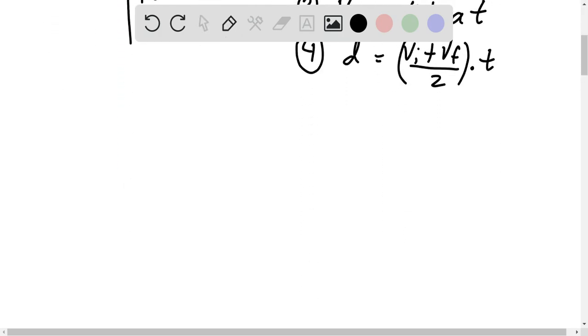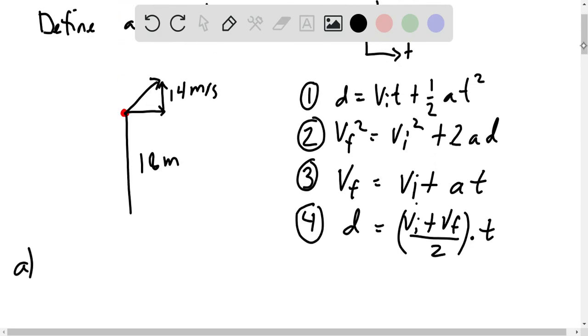Sorry about that. Okay. So we should determine the object's initial velocity. And so we want to determine which kinematic equation we wish to use. In this case, we know the final velocity, and final can mean at any point in the trajectory. So in this case, we're looking at the final velocity as 14 meters per second.